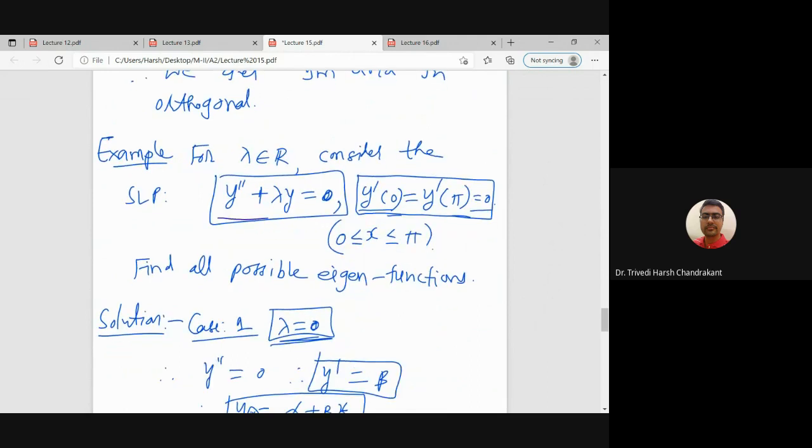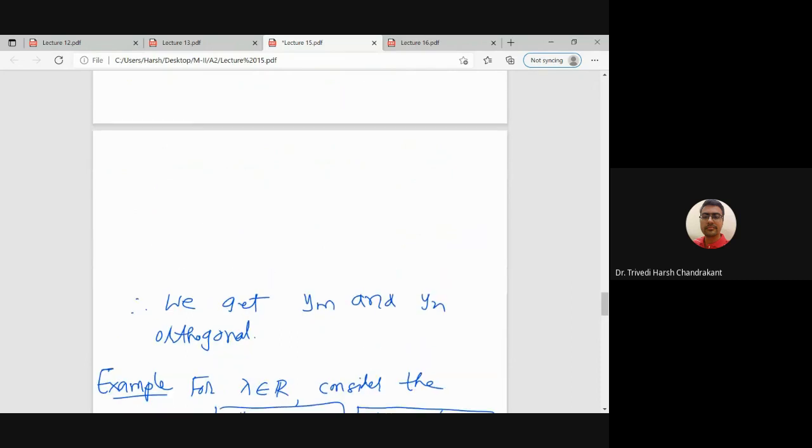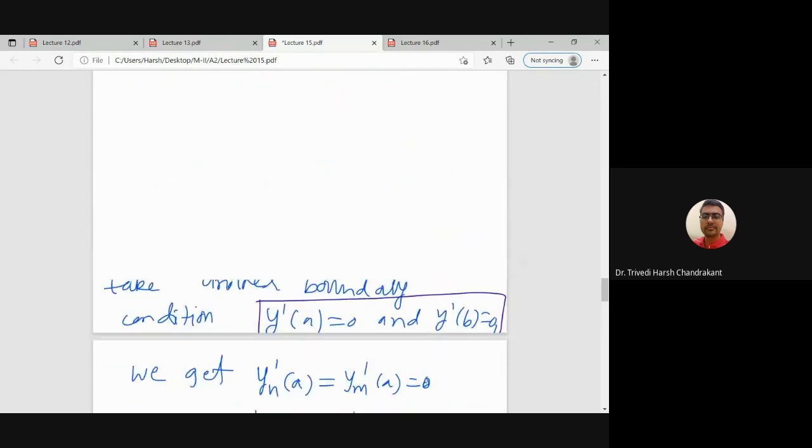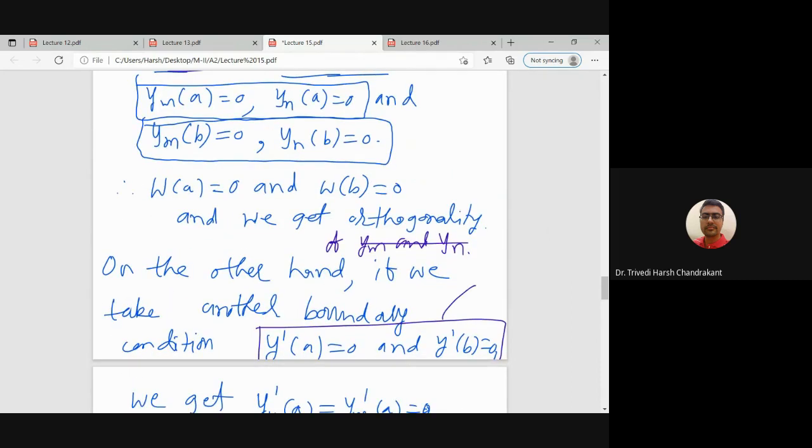The simplest second order Sturm-Liouville equation, one of the examples, is of this form: y double dash plus lambda y is 0, and we are taking this second type of condition. So we are basically taking the boundary condition y dash at the end points to be 0.